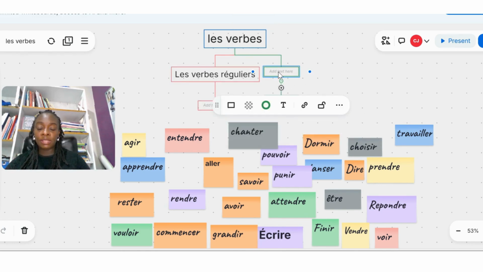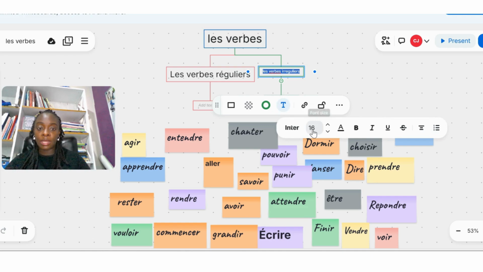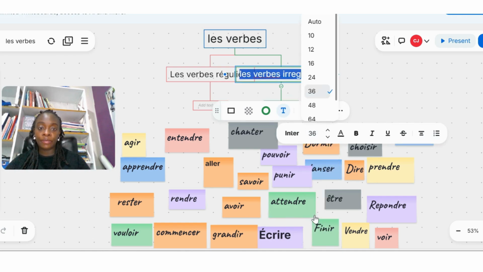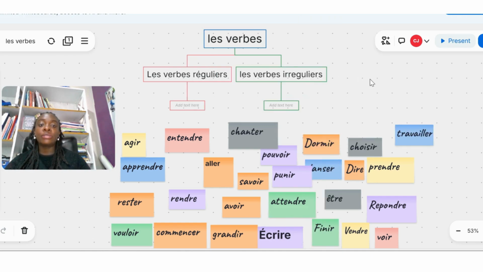And on this other side, I'm going to have les verbes irréguliers, which basically means the irregular verbs. I'm going to highlight that. So there we go. We have les verbes réguliers et les verbes irréguliers, so regular verbs and irregular verbs.